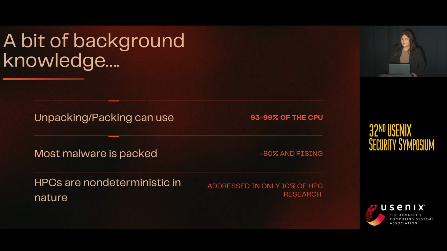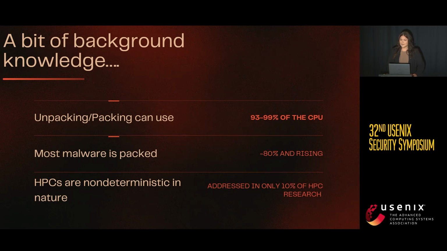So first, a little bit of background knowledge. Binary packers are software commonly used to obfuscate malware, in a process called packing. Roughly 80% of malware is packed, while 50% is simply repacked versions of old malware. In fact, a long-standing challenge is unpacking malware.